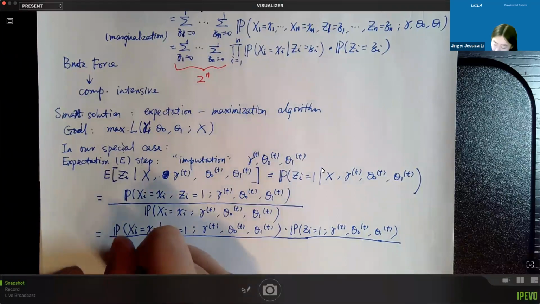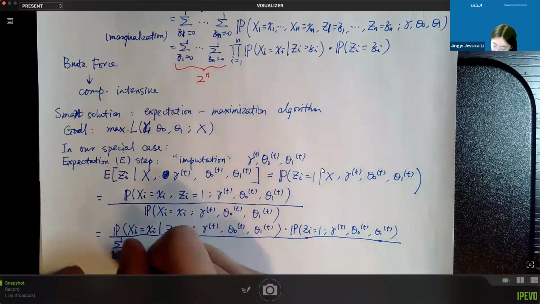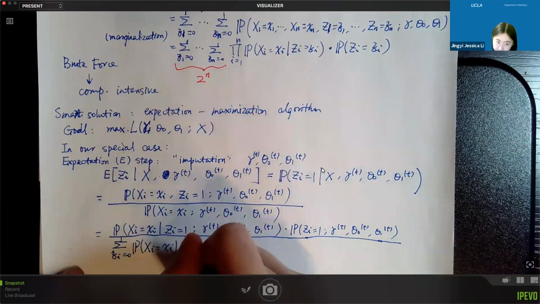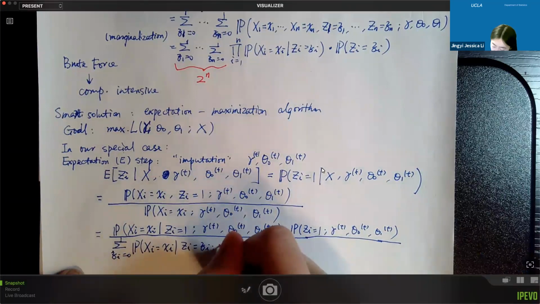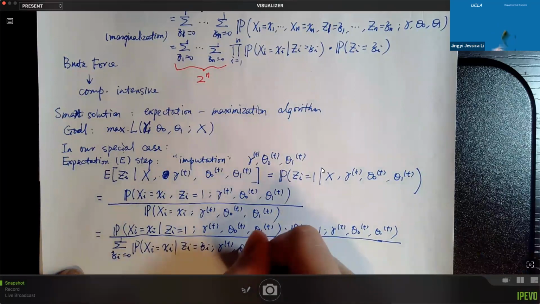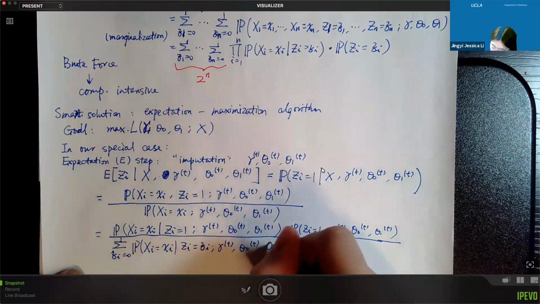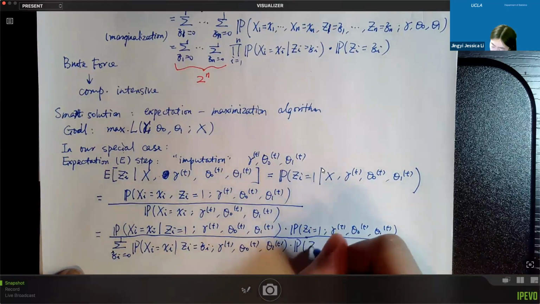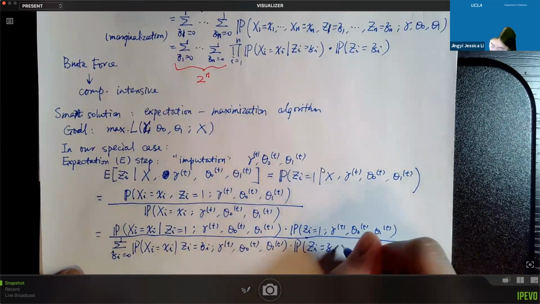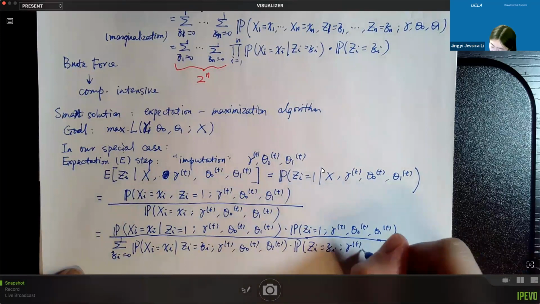I consider 2 cases. And then I'm going to write the probability of xi given Zi equals small zi and the parameters, times the probability big Zi equals small zi, given the parameters.